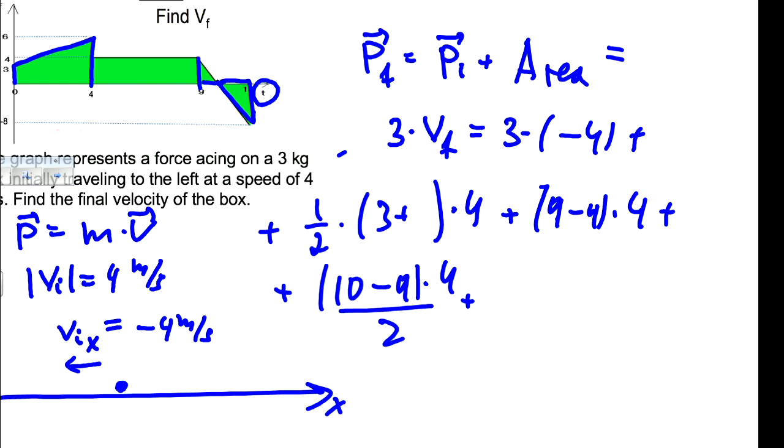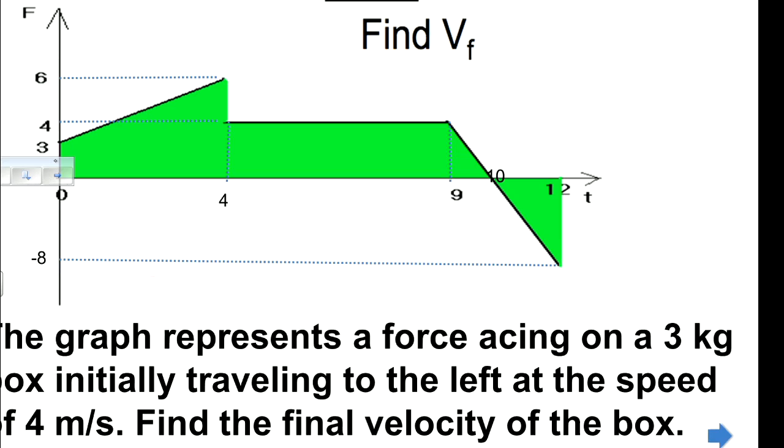Plus, and that's the only tricky part, because in this situation, when we say area, we actually don't mean the magnitude. Yeah, we have to use actual numbers, actual values. And these values are -8 and here.